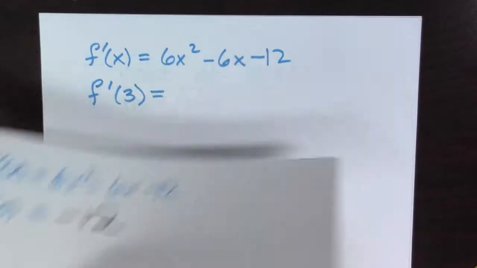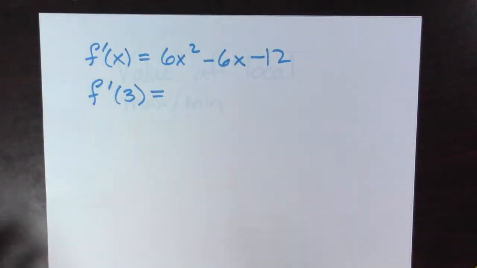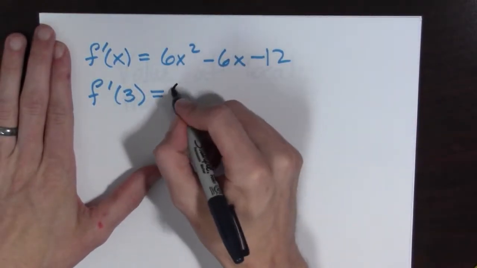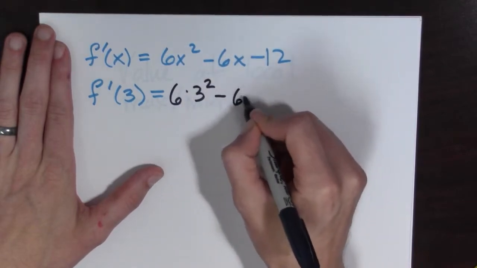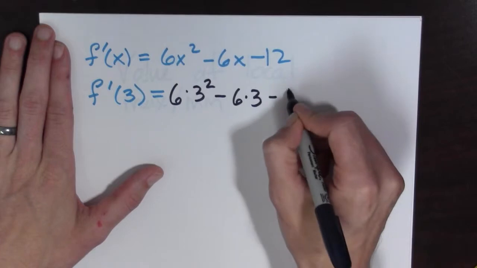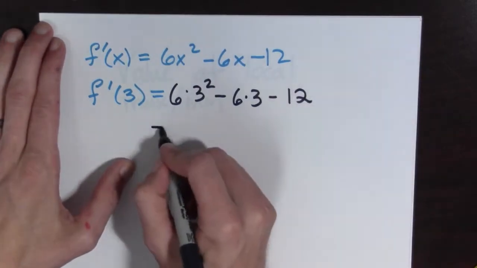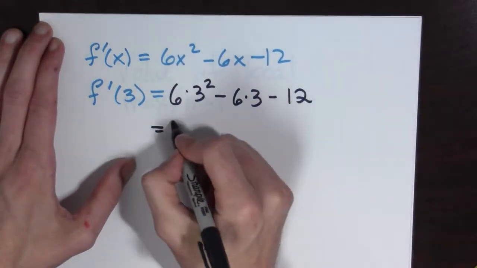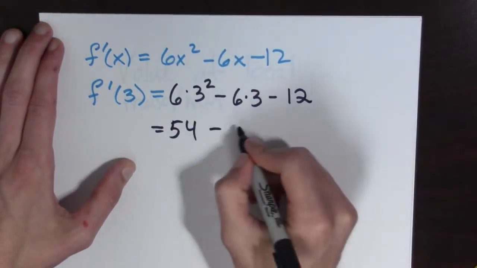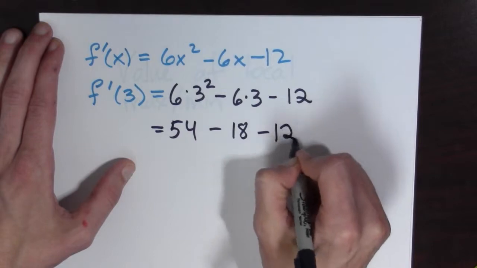And then let's see, f prime of 3. Well, this looks a little harder, so it's going to be 6 times 3 squared minus 6 times 3 minus 12. Okay, well, let's see. 3 squared is 9, and 6 times 9 is 54. Minus 18 minus 12.